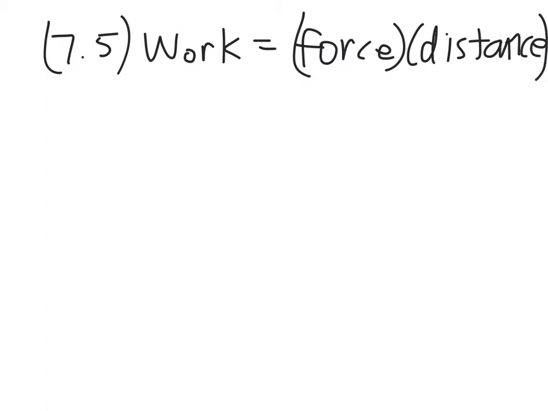But we found that sometimes the force was not constant over the distance we looked at. With the springs and also with rockets propelling objects up into space, the force of gravity changes the farther away from the Earth's surface. So sometimes we had that.